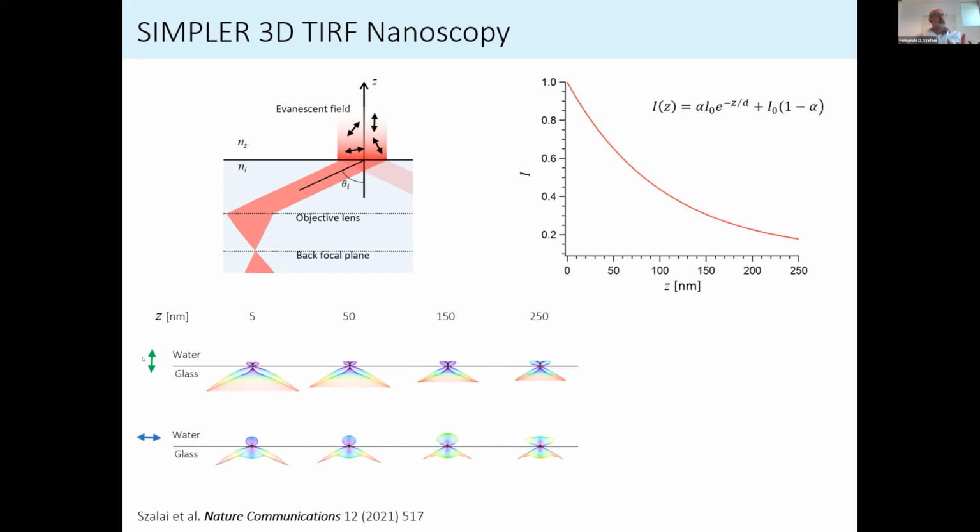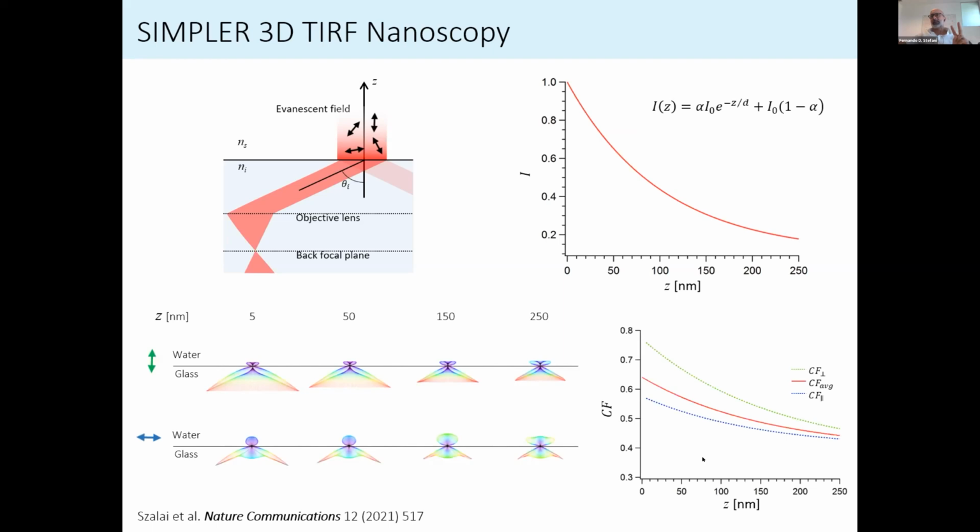Here you see calculations for a molecule that is perpendicular to the water glass interface, and here for a molecule that is horizontal, parallel to the water glass interface. In both cases, the closer they are to the interface, the more light they emit into the glass and therefore into our objective. So you have two effects that make molecules brighter if they are closer to the glass interface.